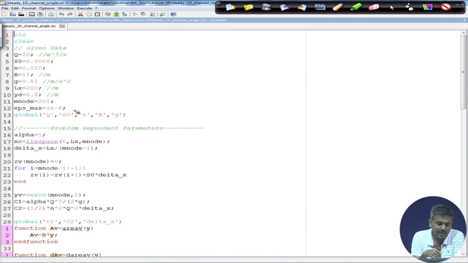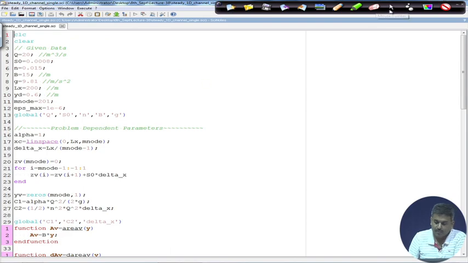Then epsilon max, this is 1 into 10 to the power minus 6, this is required for the Newton-Raphson method. Global, we have constant discharge value, S naught, N, B, G, these values are available. So, we can solve this.